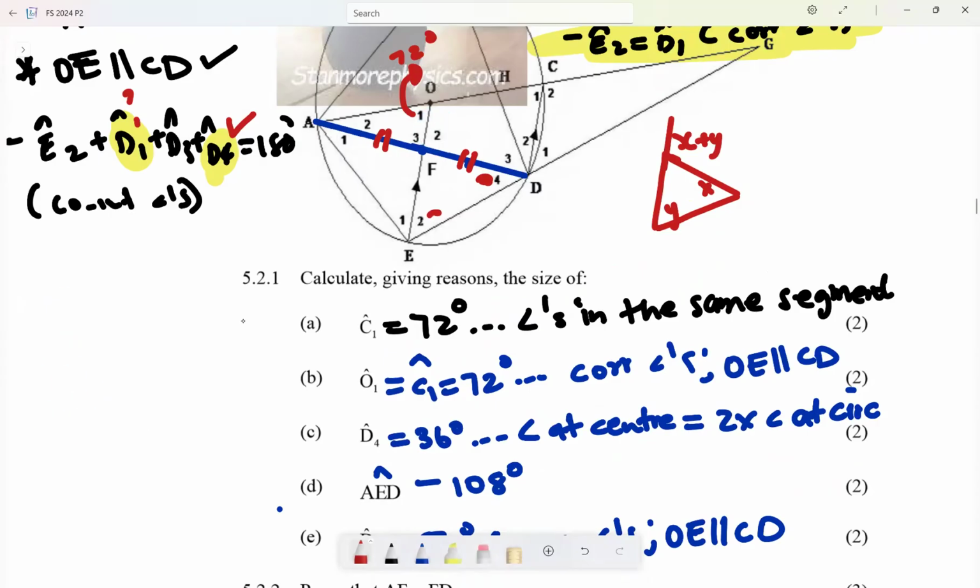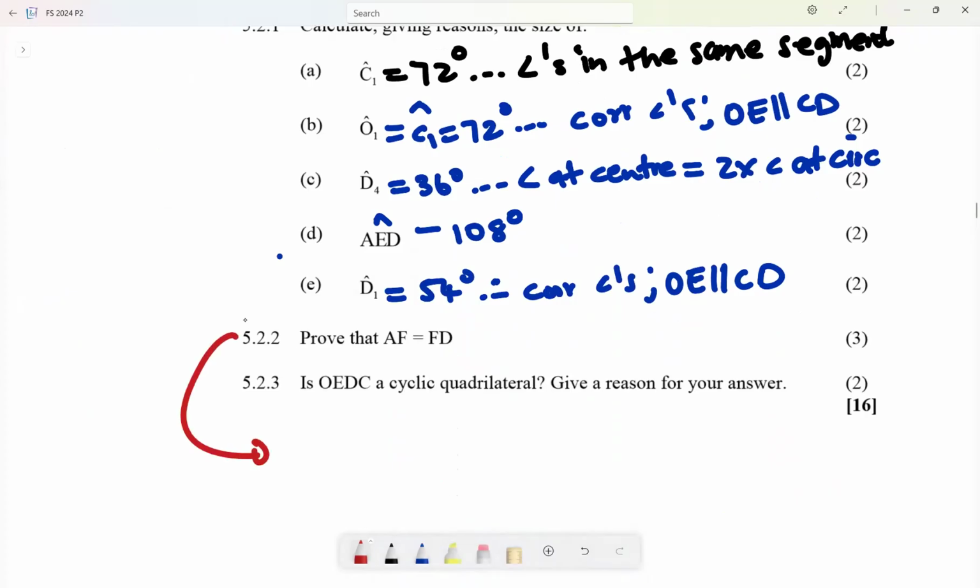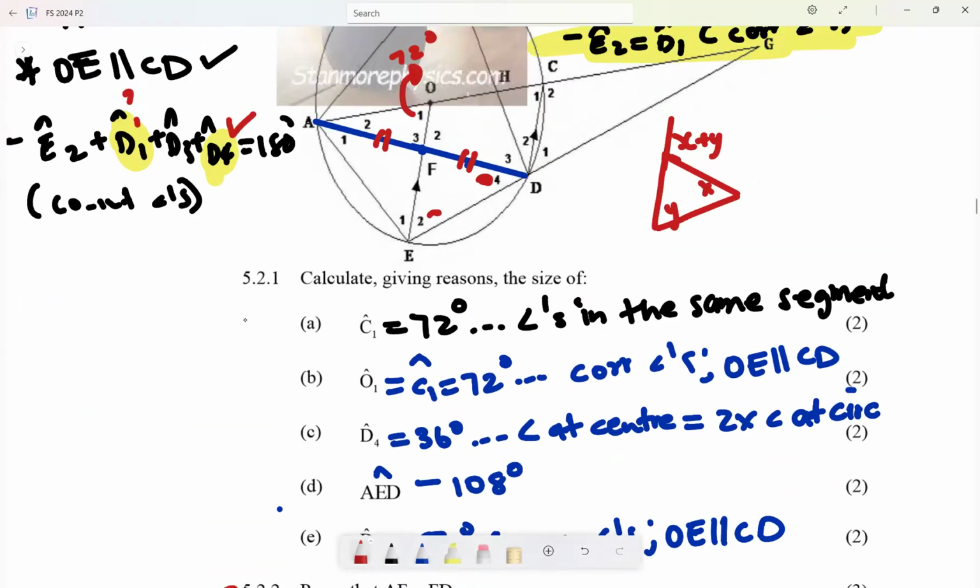So, okay, I can get what? F2. First thing first I can do is to get F2. F2 is equal to what? I want you to see this. D4 plus angle D4. I want you to see this triangle I'm talking about. You can also try to prove this one.